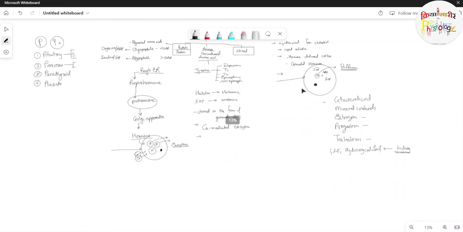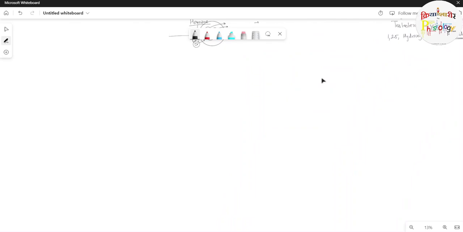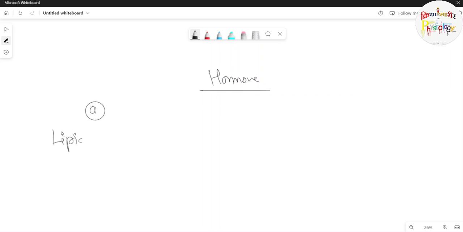Again, all these classes can be divided into two groups. Okay. So hormones can be divided into groups. First one is lipid soluble, and the next one is water soluble hormones.